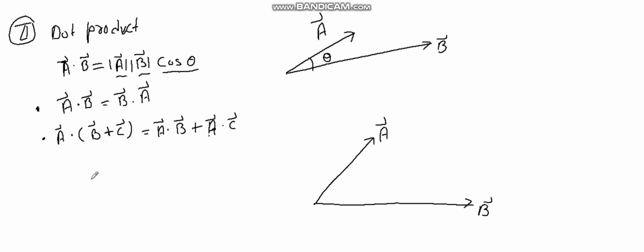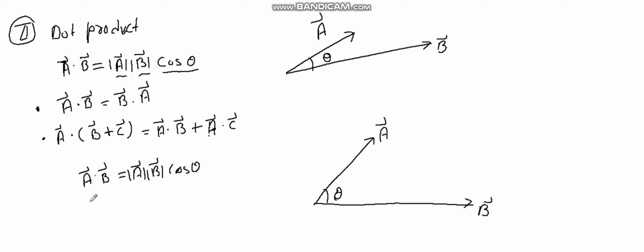Let's write A dot B is equal to the magnitude of A times the magnitude of B times cos theta. What is this theta? Of course, theta is this angle.